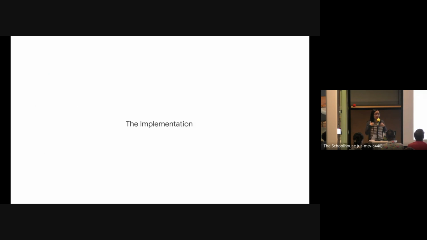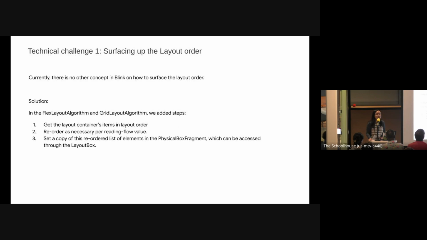As I'm implementing this in Blink, there are a few technical challenges, and here I'm describing how we fix them. First, there is no other project currently that is trying to surface the layout order to the focus. So we went into the code for the flex and grid layout algorithms and modified it so that we can sort the elements accordingly and save that in the layout order, which can then be surfaced up.